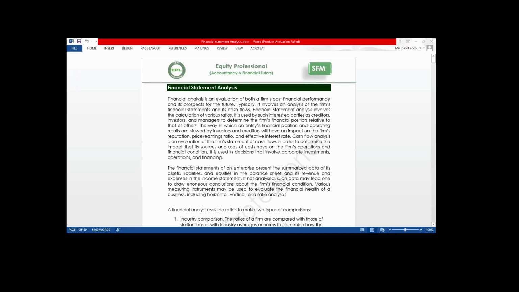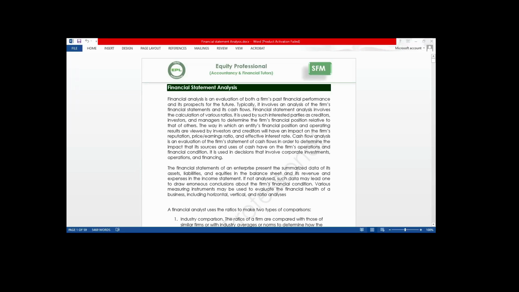So, we said financial statement analysis is the evaluation of a company's financial statements, and the objective is to assess the company's past financial performance and to project the company's future financial prospects.